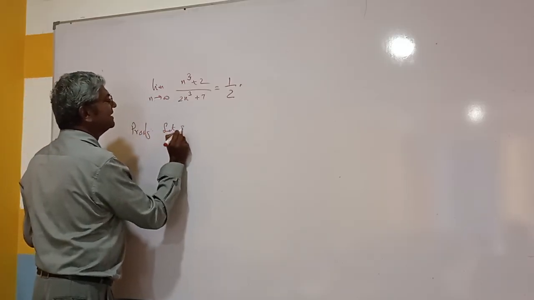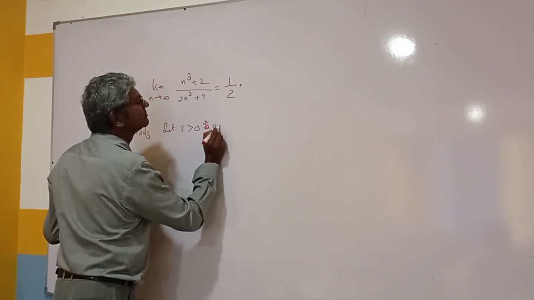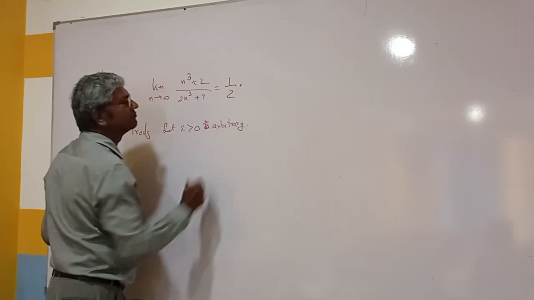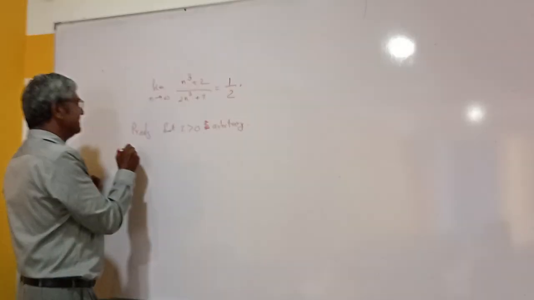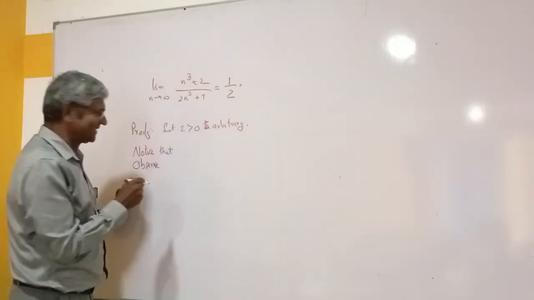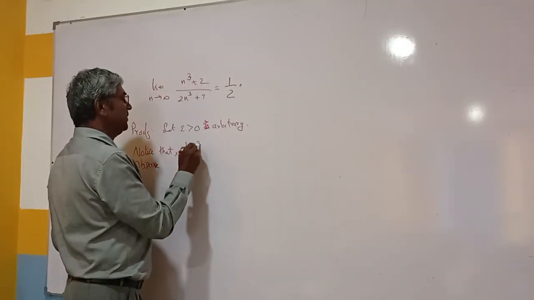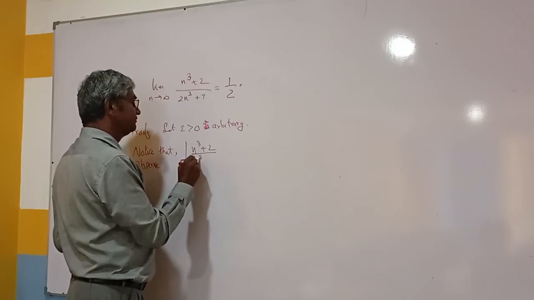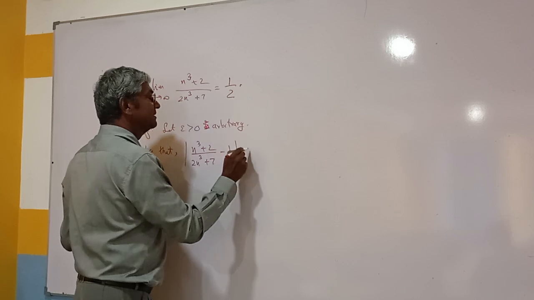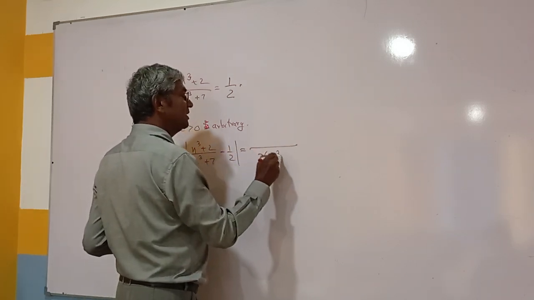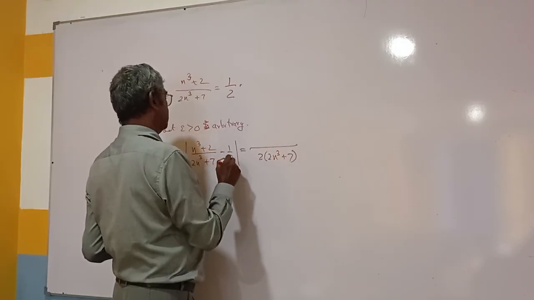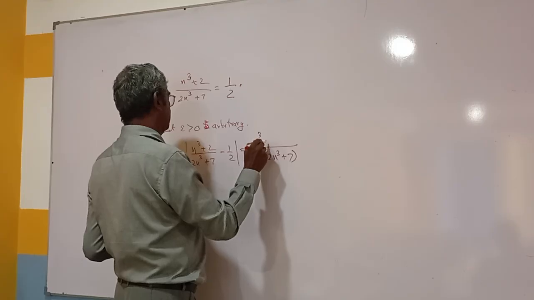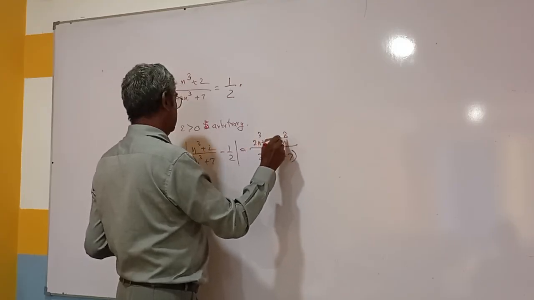So the proof is very easy, but let's do one without jumping, saying that it is very easy. Let epsilon greater than 0 be arbitrary. Then we write, notice that, observe that: (n cube plus 2) divided by (2n cube plus 7) minus 1 half is equal to (2n cube plus 4 minus 2n cube minus 7) divided by 2 times (2n cube plus 7).